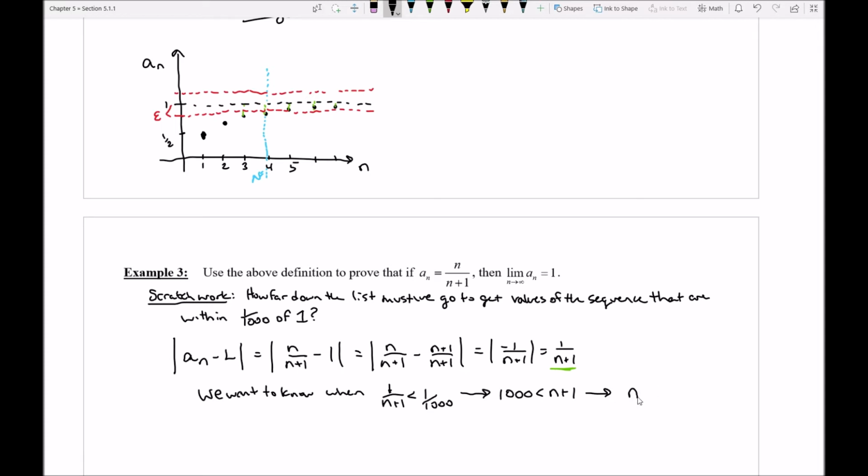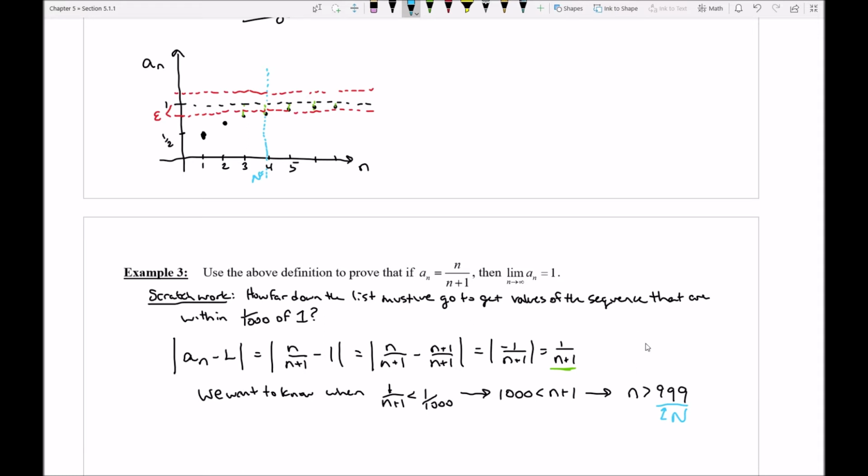And then to solve for n, I'm going to end up with n has to be greater than 99. Oops, sorry, not 99, 999. Forgot a 9 there. But that tells me that if I go over 999, notice that means that 999 is my blue value of capital N. That's what I have right here. Then once I go past that, I should be able to see a gap that is small enough.